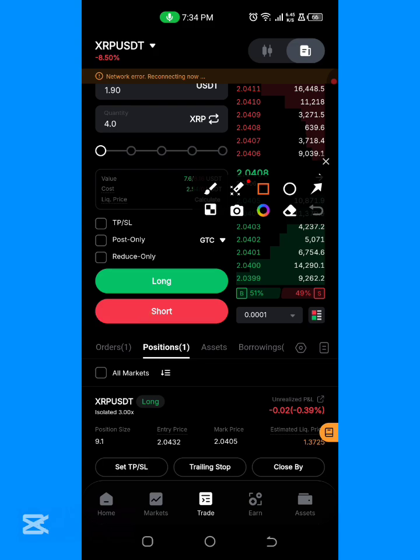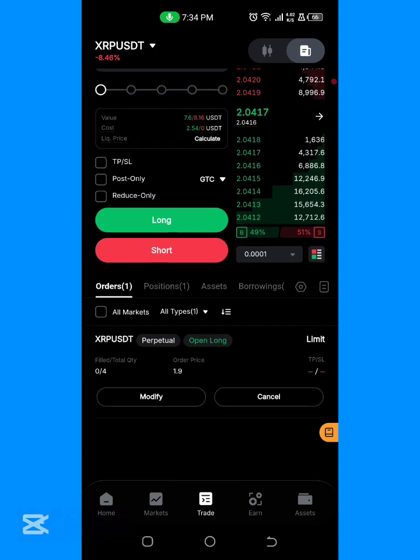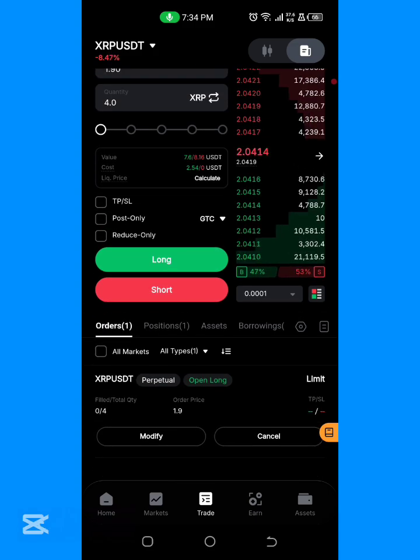Let me click on orders here. You can see the order is not yet filled. So it's going to wait until the price of XRP comes down to the price I said to buy. But when you make use of market order, it will be bought immediately. That's the difference between limit order and the market order.